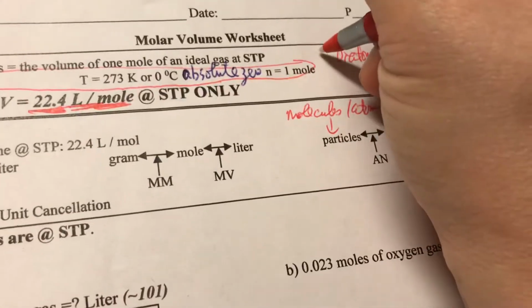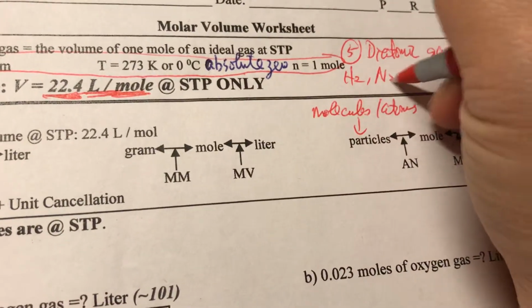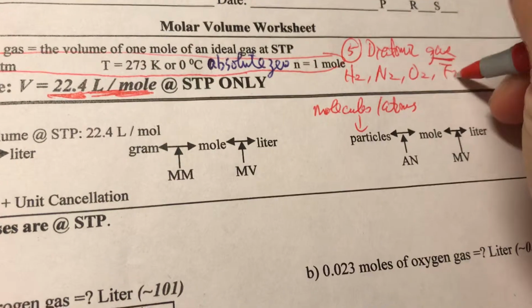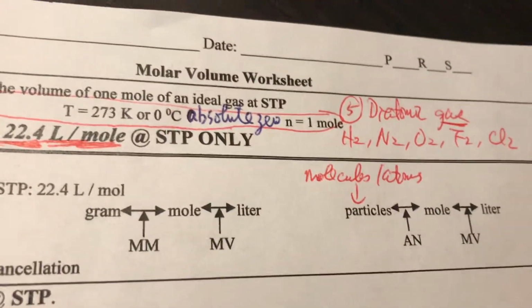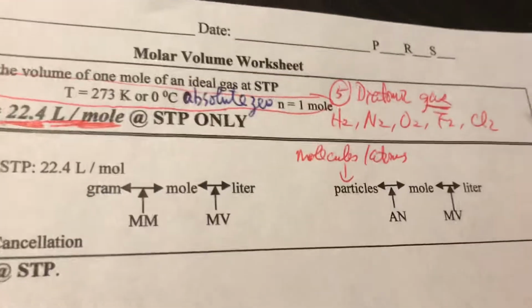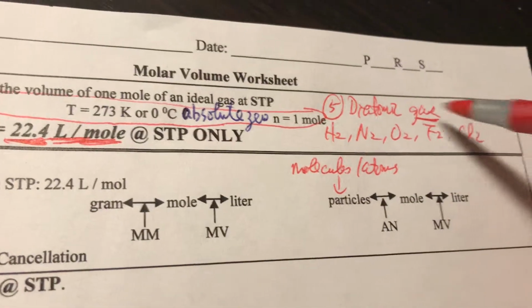Which 5? H2, N2, O2, F2, Cl2. What about bromine, Br2, and I2? They are not gas. Here we're talking about gas, so we just need to worry about these 5.